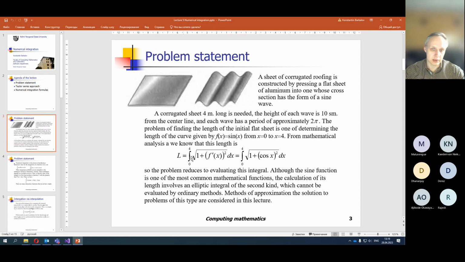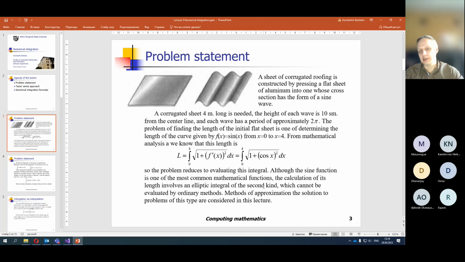From mathematical analysis, we know a formula that the length is the integral from 0 to 4, because a sheet of 4 meters long is needed, of square root of 1 plus f prime of x squared dx. f of x is sine, so f prime of x is cosine, and we have the integral from 0 to 4 of square root of 1 plus cosine squared x dx.